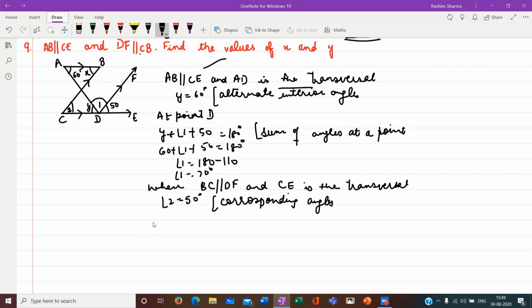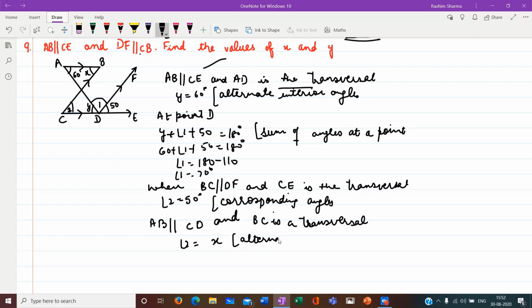Alright. So we can write, when AB is parallel to CD and BC is a transversal, we get here angle 2 is equal to X. These are alternate interior angles.